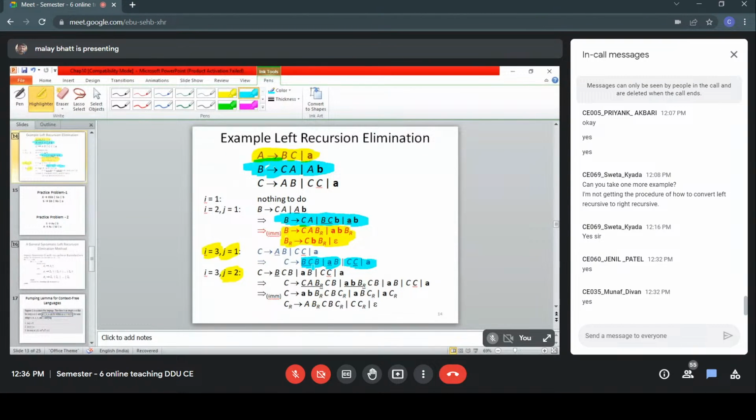Now, what we'll do further? We'll check, can we have a replacement for B? Yes. So we have a replacement for B also. That is what we are doing here.